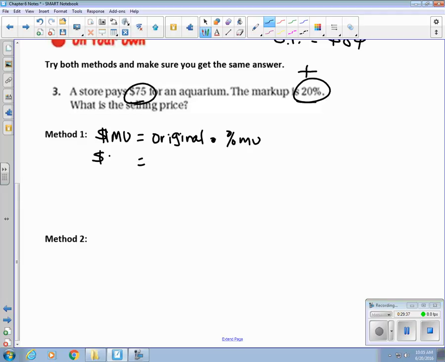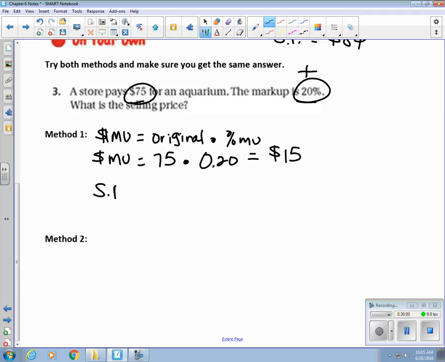So the dollar amount of markup is the original amount, which is $75, times the percent markup, which is 20%, and that's 0.20. When you multiply those out, 75 times 0.2 is equal to $15. So this is the dollar markup. This is how much money we're going to add on to the original price.